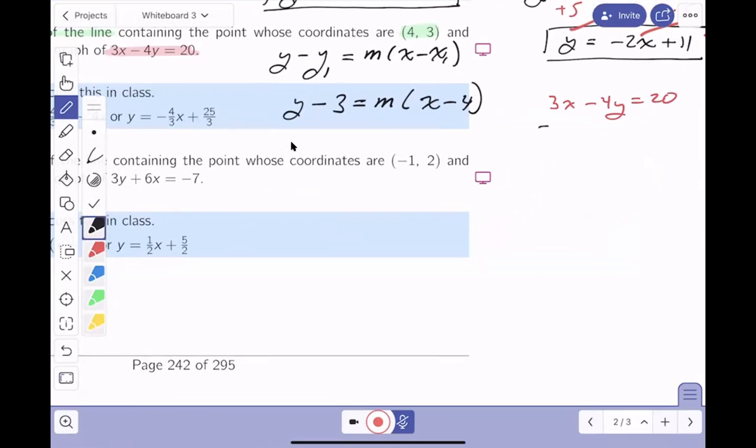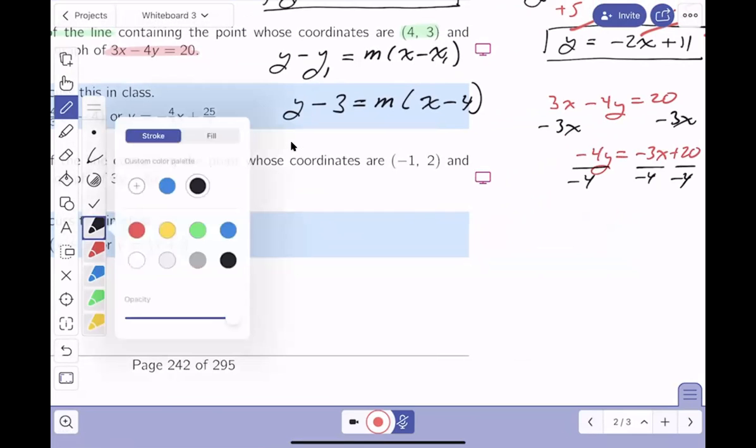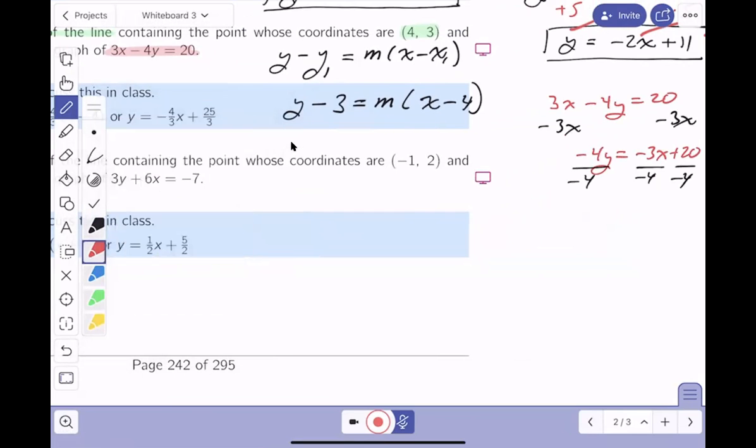I'm going to subtract 3x from both sides. And what would you get there? You would get minus 4y equals minus 3x plus 20. And then I'm going to divide both sides by minus 4. And what would you get? You would get y equals 3/4 of an x minus 5.